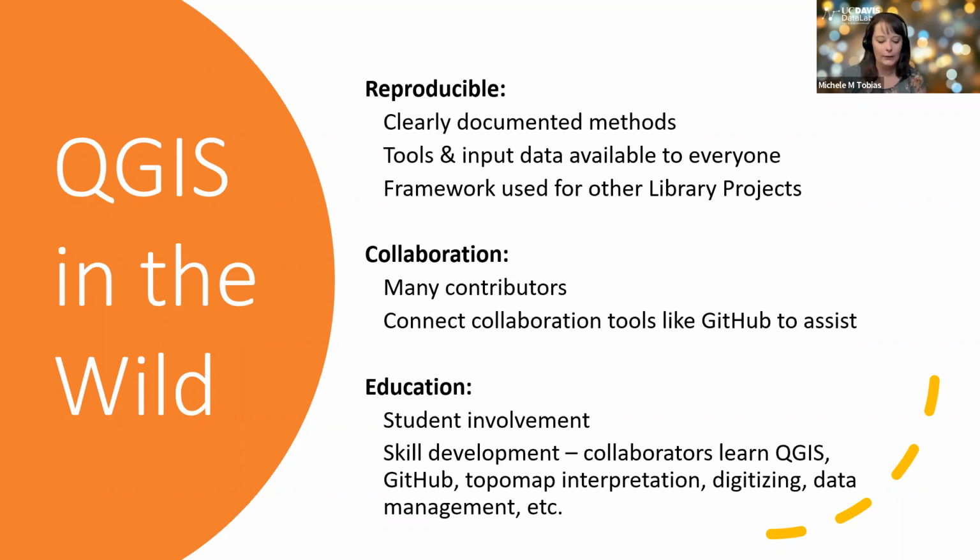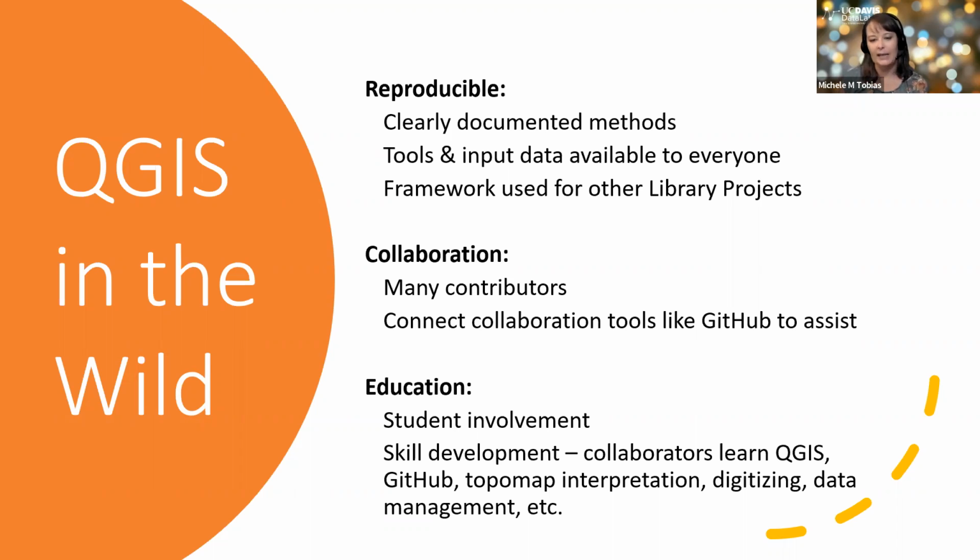So in terms of the AVAs and also a little bit about the air photos, hopefully I've shown to you that QGIS is useful in terms of reproducibility, collaboration, and education. In terms of reproducibility, the AVA project has very clear documented methods.